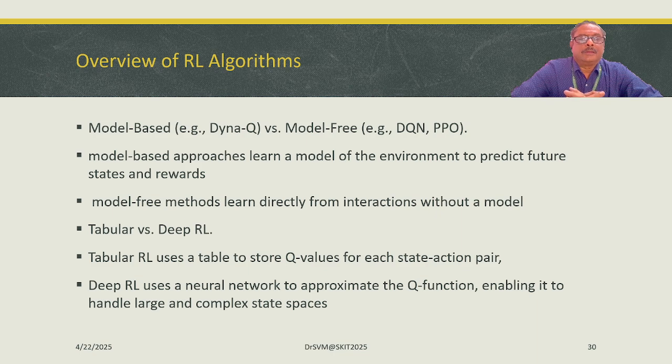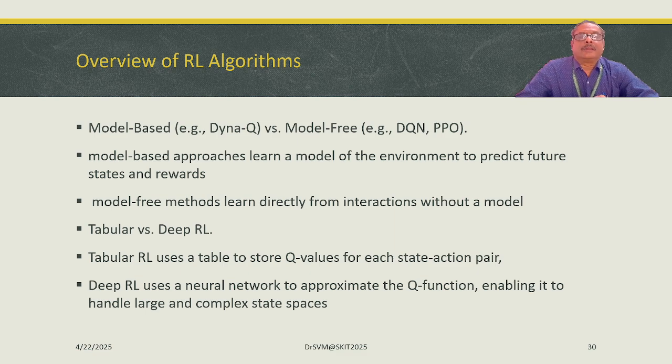In the tabular method, we have a table which stores the Q value for every state action pair, whereas in the deep RL method, we make use of the neural network to approximate this Q value, and hence it enables large and complex state spaces to be very easily accommodated.